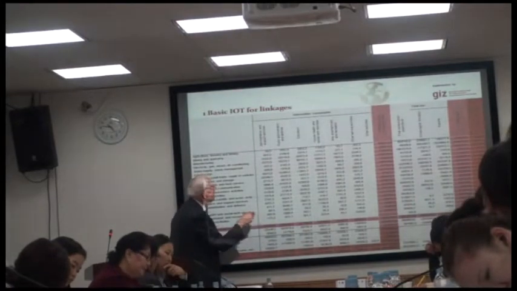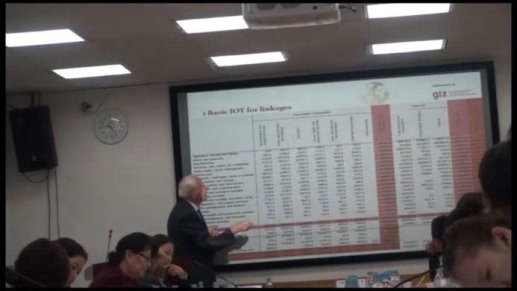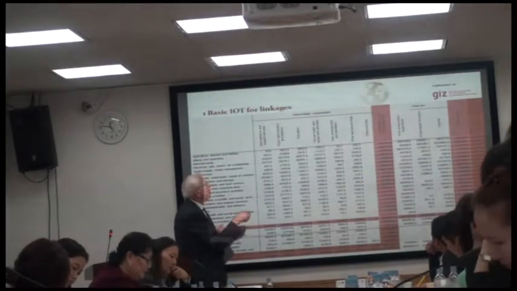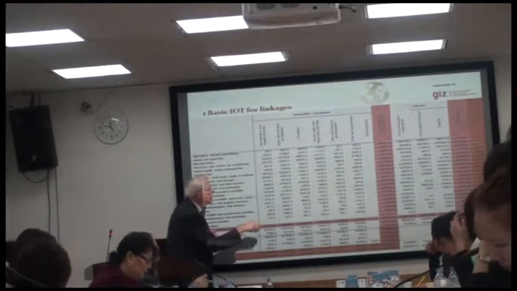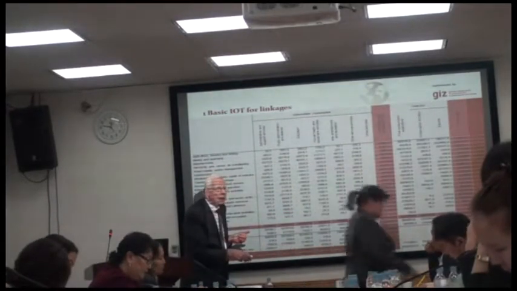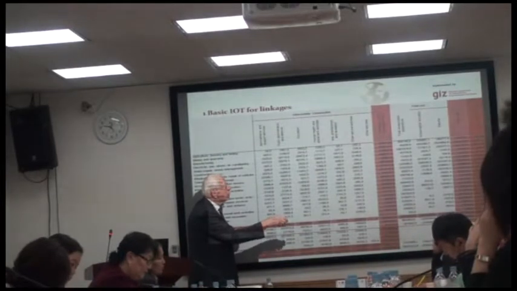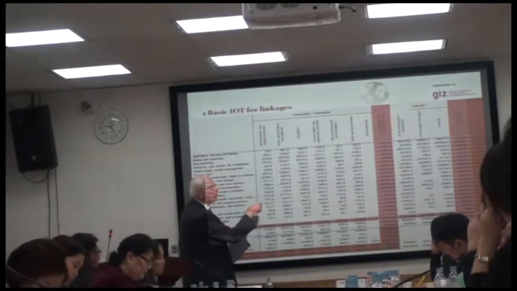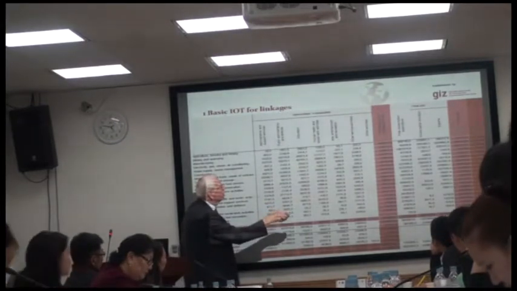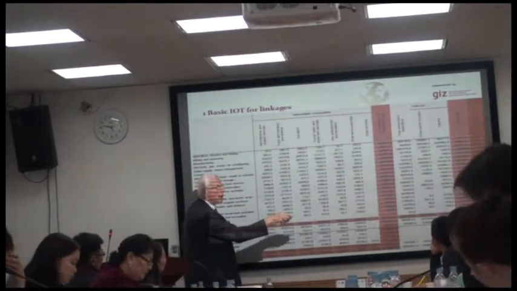If here in the inverse all the intermediate transactions are included, and I multiply this inverse by the final use, I must automatically arrive at the same total output which is here in my basic table, because you see intermediate plus final comes up with the total.